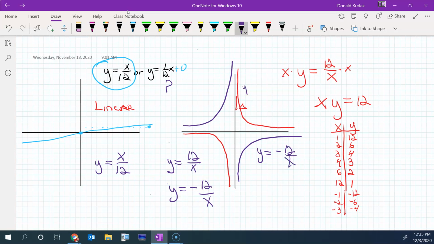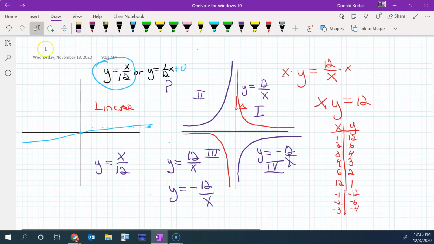And the red one was y equals +12/x. So if it's positive, it lives in quadrants 1 and 3. And if it's negative, it lives in quadrants 2 and 4. That's kind of yesterday in a nutshell.